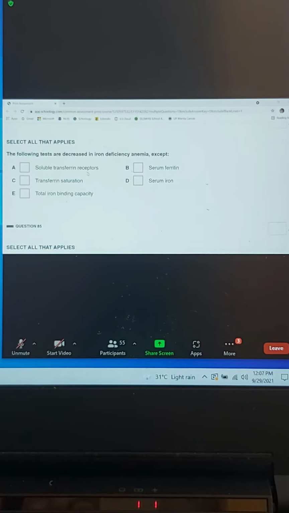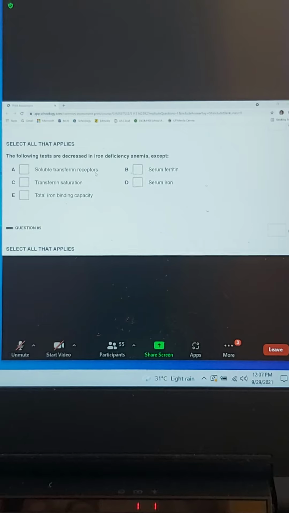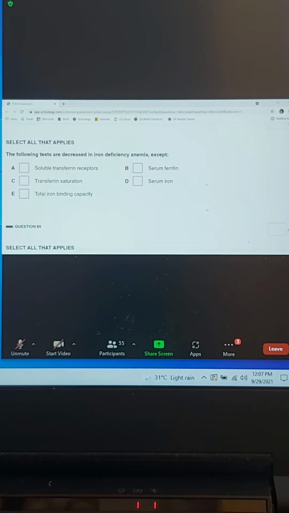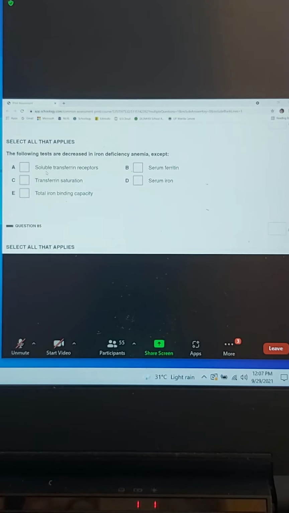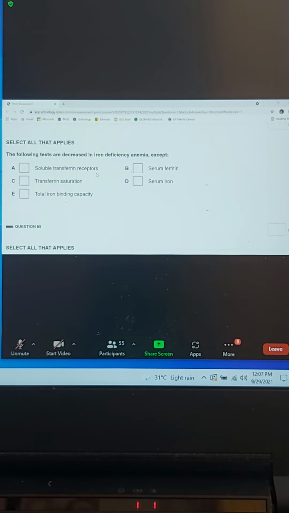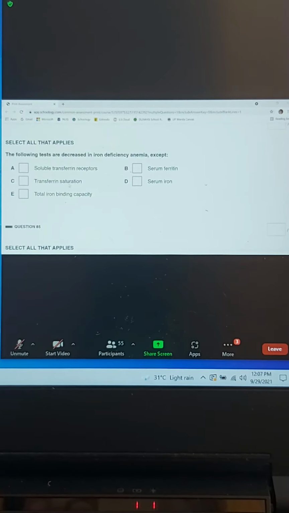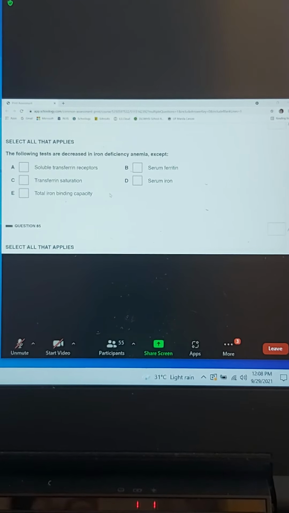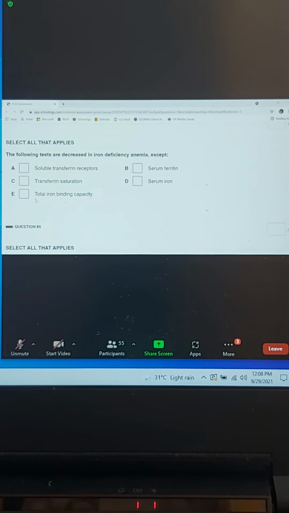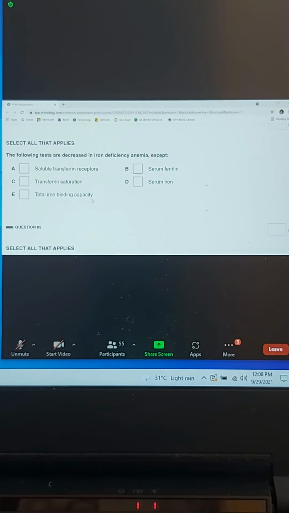So these are receptors from your RBC precursors. The higher the soluble transferrin receptors, the more starved your erythron is with iron. The total iron binding capacity has something to do with the capacity ng transferrin na mag-carry ng iron. So the higher the capacity, the lower the content.